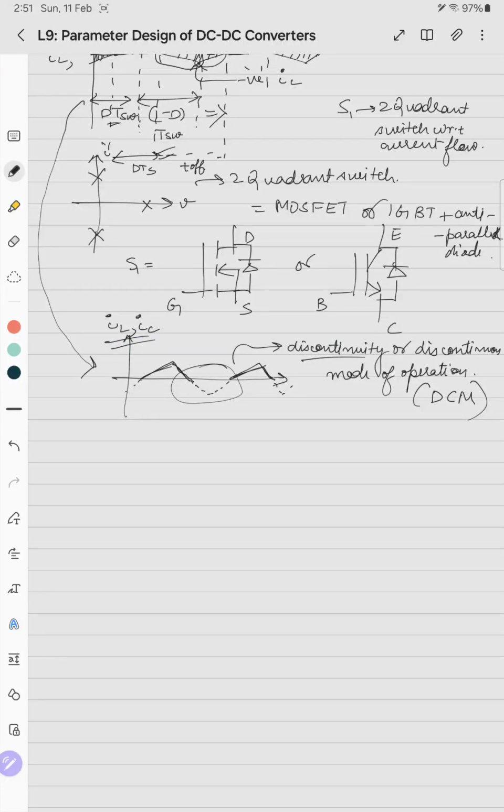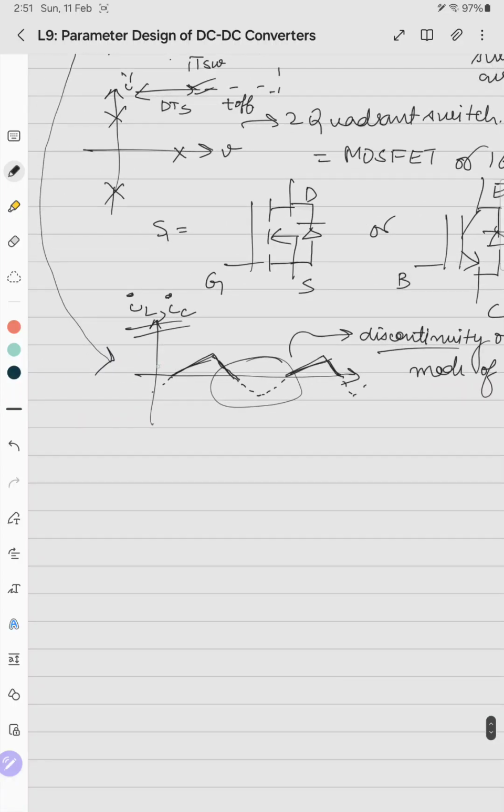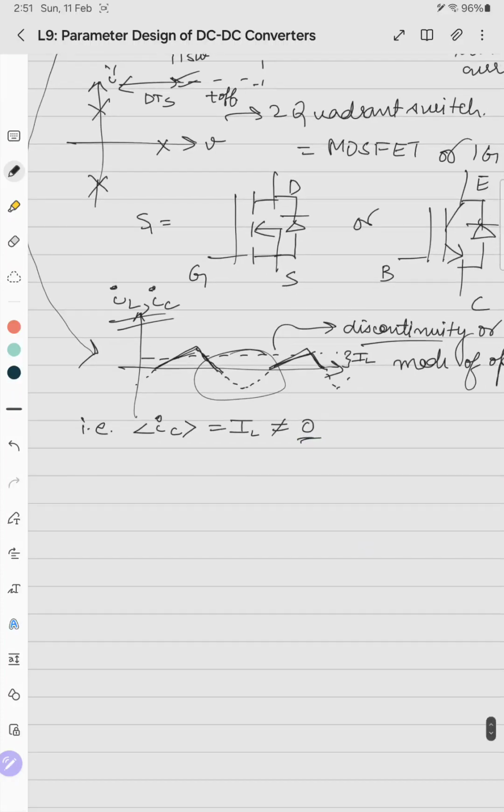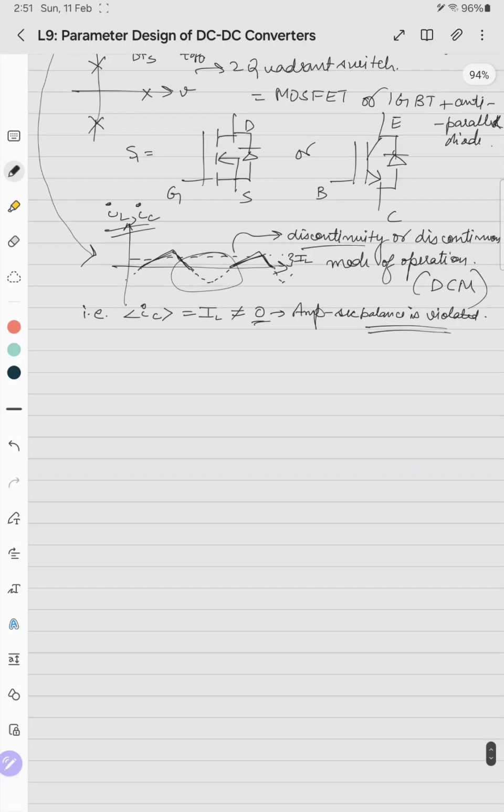So now a very big problem arises, which is the average value. This has some average value of IL, which means that the IC average is some value which is not equal to 0, which means that the amp-second balance is violated. So what happens if the amp-second balance is violated?